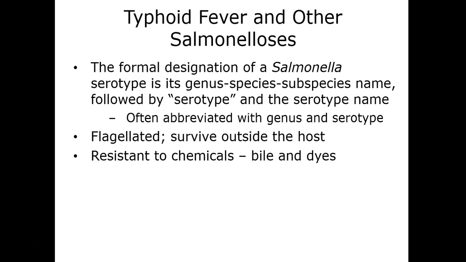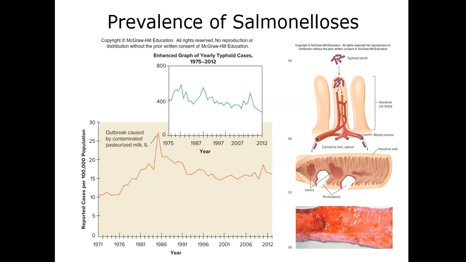Salmonella, as we mentioned, is a true enteric pathogen. It's zoonotic, and its drug resistance continues to increase. We see more and more cases of drug-resistant Salmonella in the population. We see that its common outbreaks come from things like poultry and exposure to eggs.